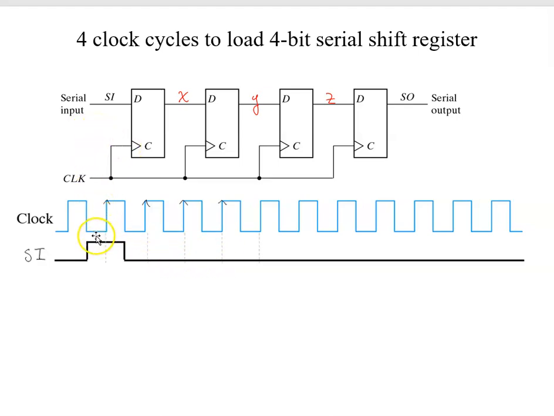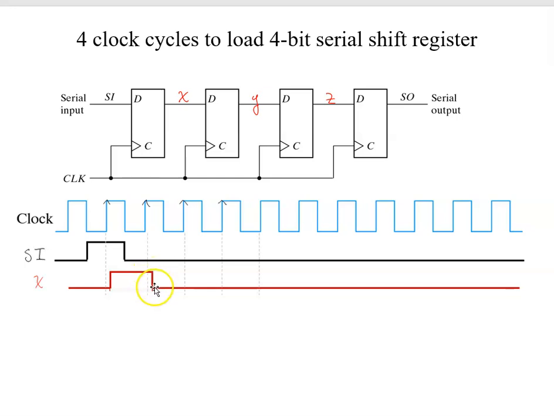So that we have a pretty good setup and hold time to this rising clock edge into this first register. After that clock edge and a little bit of propagation delay, this signal X is going to rise. It's going to become equal to SI, that serial input, and it will stay there until the next clock edge where it's going to sample a 0.